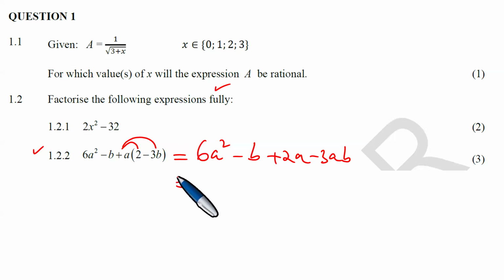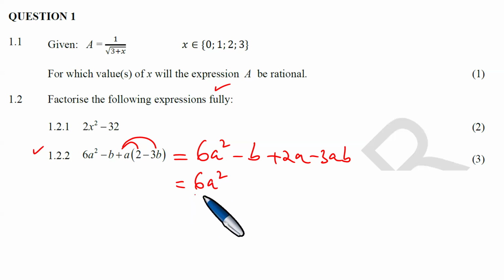Okay, 6a squared plus 2a. Yeah, then there's minus 3ab. Now if you have the minus 3ab, then what do we do next?